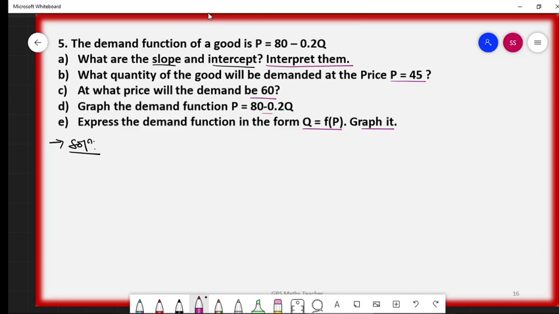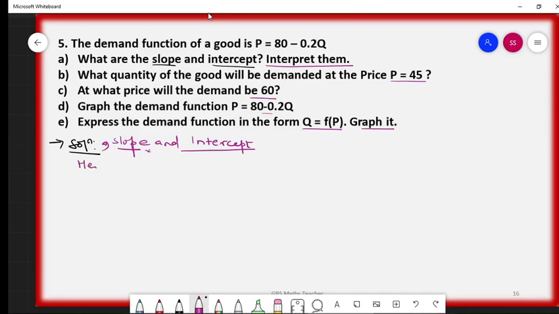Now about the slope, dear students, the first part is about slope and intercept.